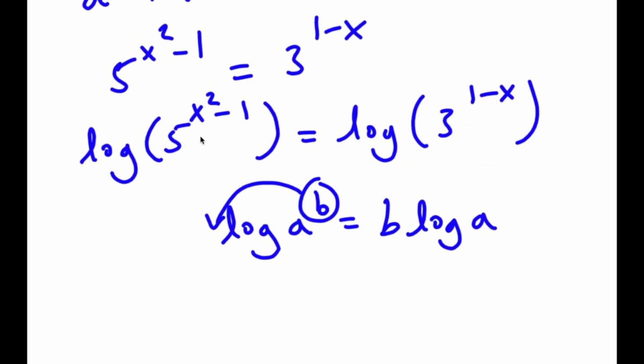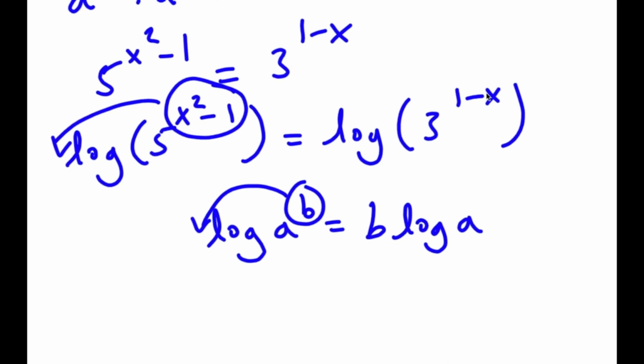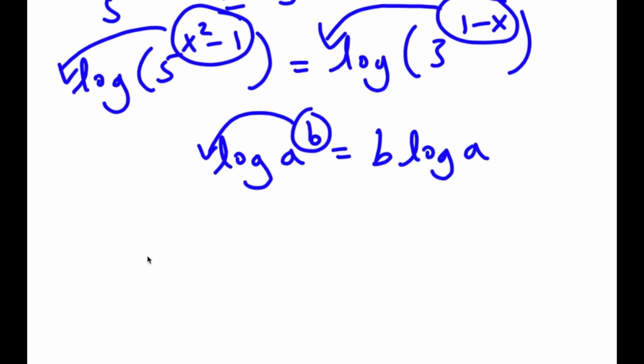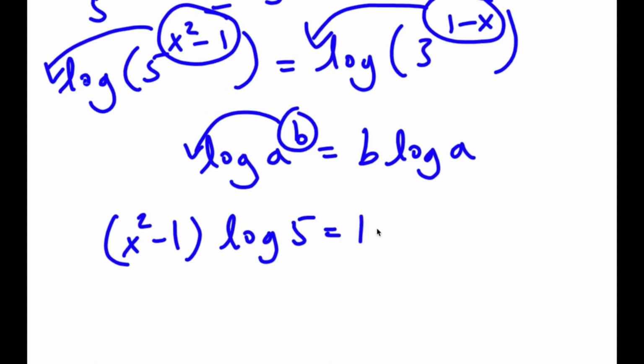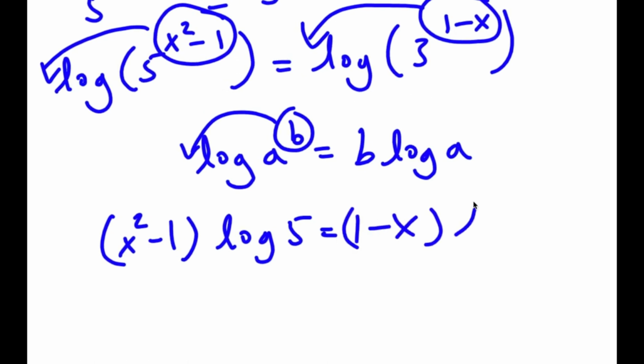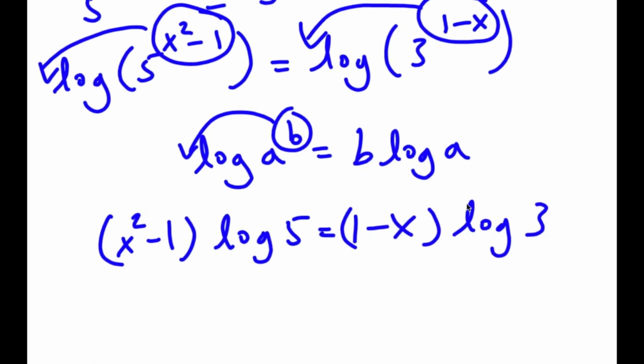So for log 5 to the power of x squared minus 1, I can move this to the front, and for log 3 to the power of 1 minus x, I can move this to the front. So now I have x squared minus 1 times log 5 is equal to 1 minus x times log 3.